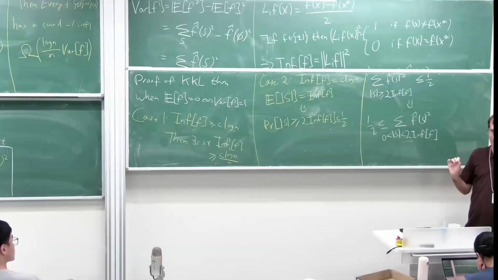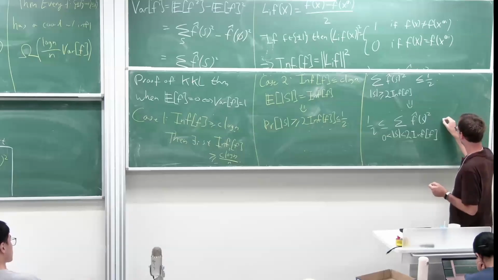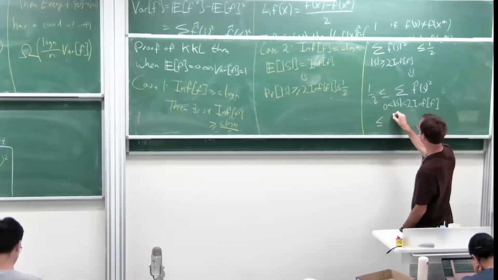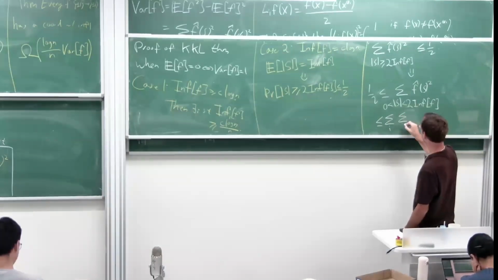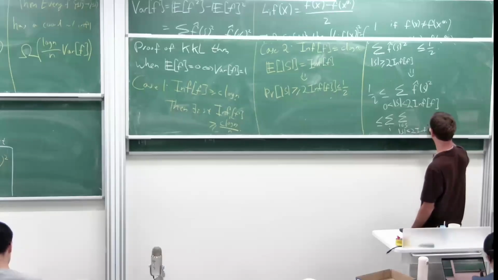So far we haven't done too much. And this is at most the sum over all i, the sum over all S containing i of size at most twice the influence of f, of f hat of S squared.